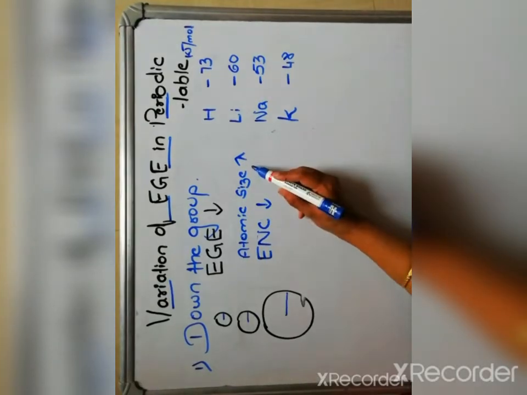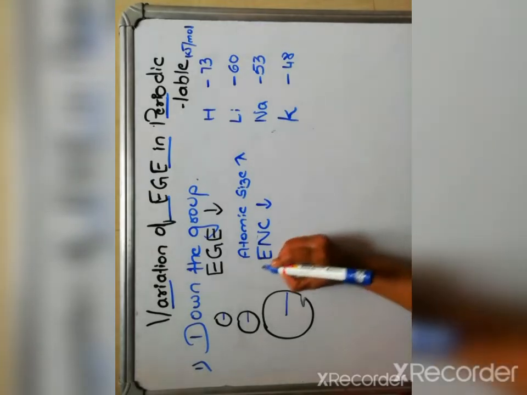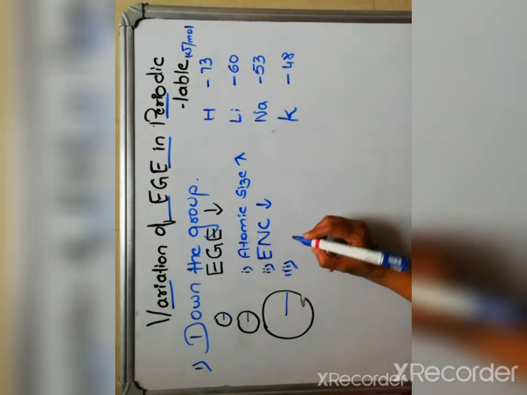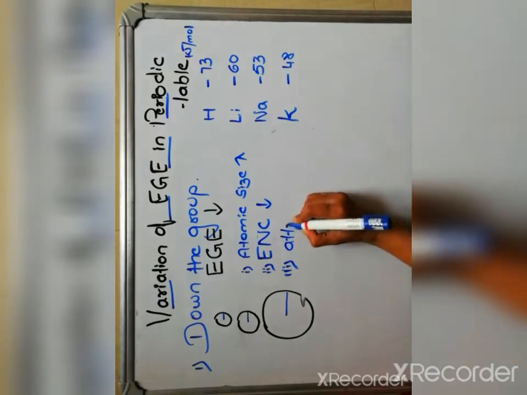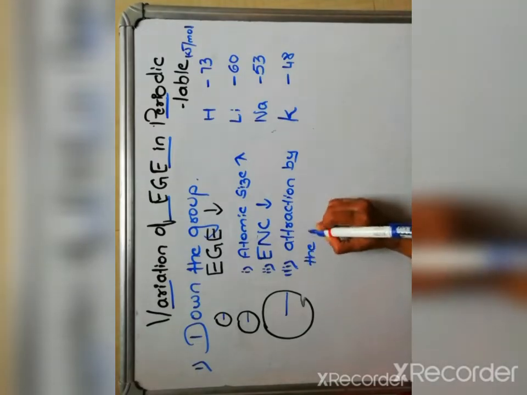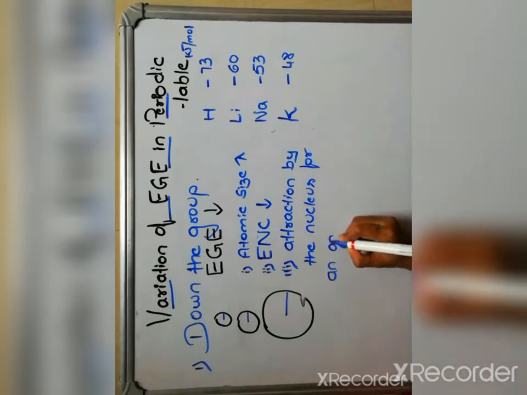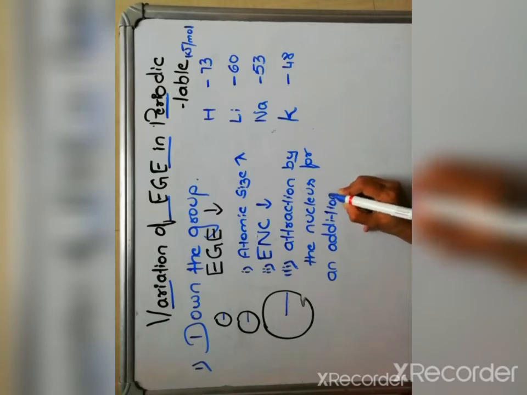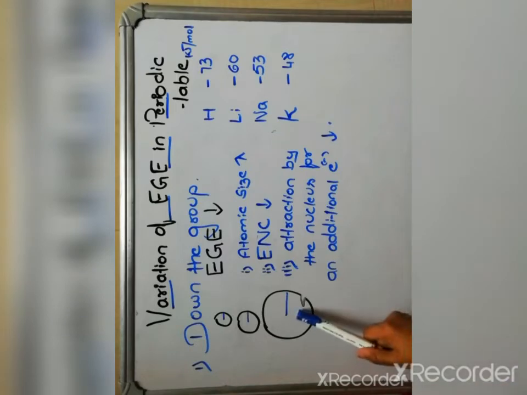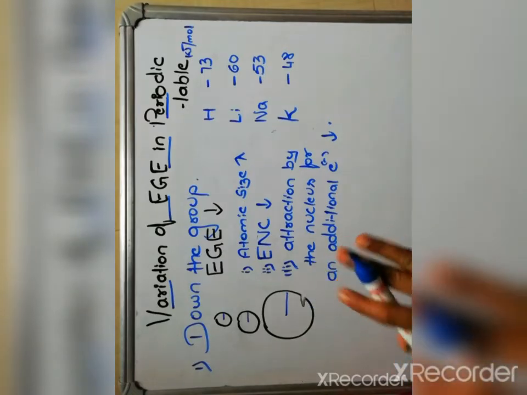This is because atomic size increases, effective nuclear charge decreases, and one more point we can say is that the attraction by the nucleus for an additional electron will gradually decrease. Because the effective nuclear charge is decreasing, the attraction between the nucleus and one more electron gradually decreases.